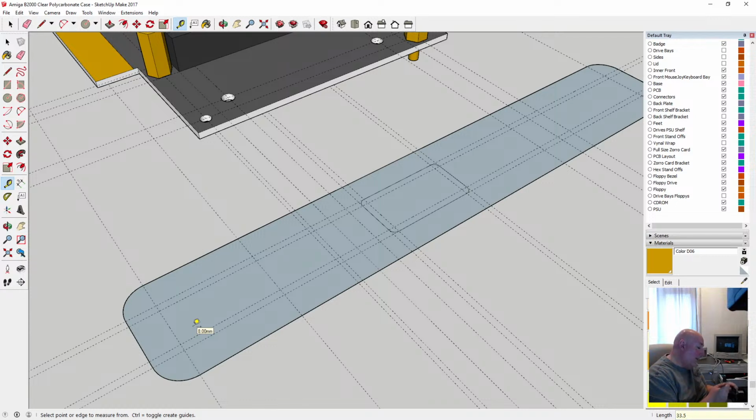And then we are 42.5. Okay, we've got to find them now again. Got to find them. So the one is near the slot.